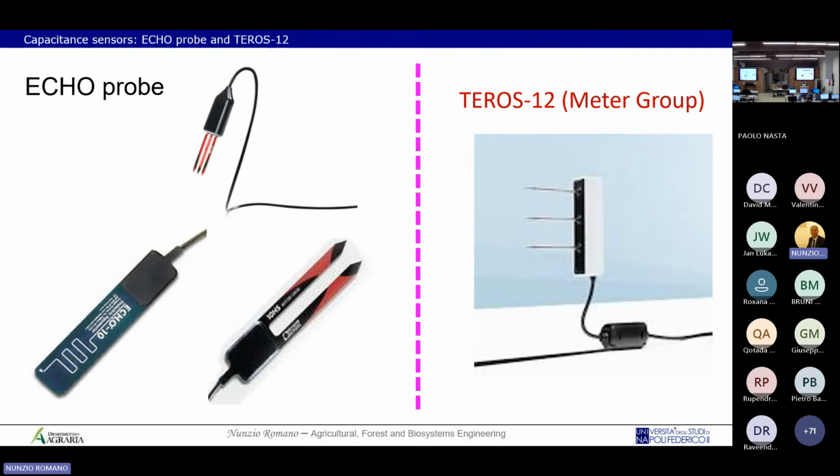And of course, and I'll show you later, the capacitance sensor, but even the TDR and even the FDR, are affected by the salinity content. This is why another advantage of this probe is to obtain information on the apparent electrical conductivity. So you can also correlate your measurement of soil water content with the amount of salinity that also affects this measurement.